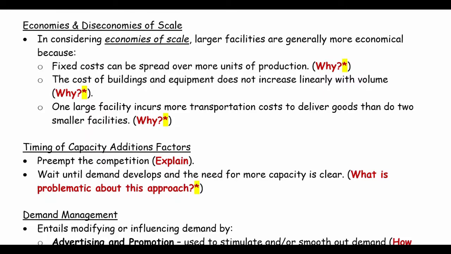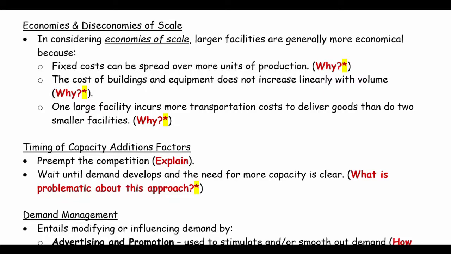Second one, the cost of buildings and equipment does not increase linearly with volume. So let's say that you are making 100 parts a day, and you have used up every square inch of that facility to make those 100 parts a day.